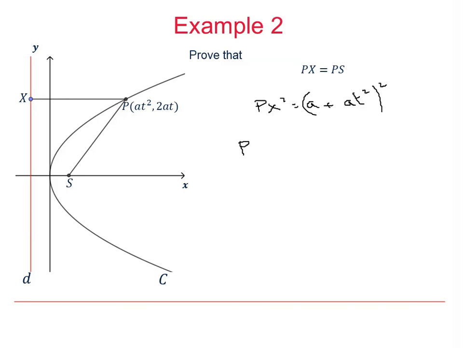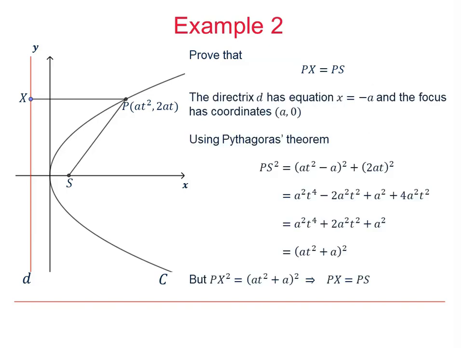And using Pythagoras' theorem, PS squared is equal to, we've got the y value, which is 2at, and then the x value is at squared minus a, so it would be that squared, plus (2at) all squared. So here we have written out PS squared: (at squared minus a) squared plus (2at) squared.